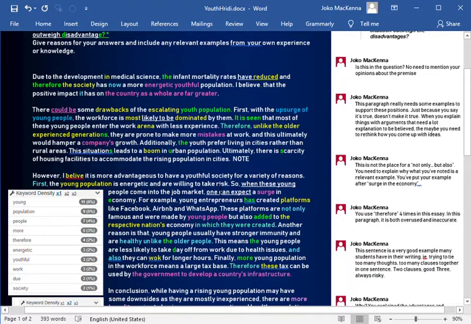Energetic, willing to take risks. So, when these young people come into the job market, okay, good complex sentence, one can expect, again, a modal verb, a surge in the economy. For example, young entrepreneurs, plural, have created platforms like Facebook, Airbnb, and WhatsApp.